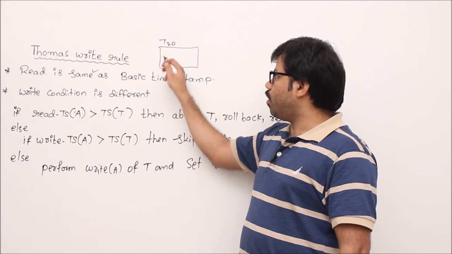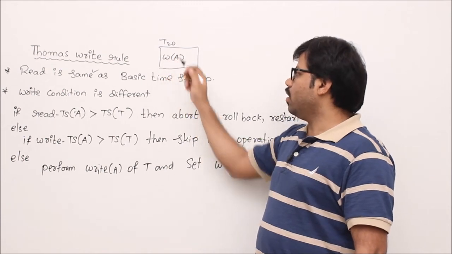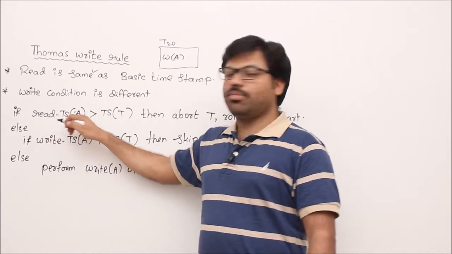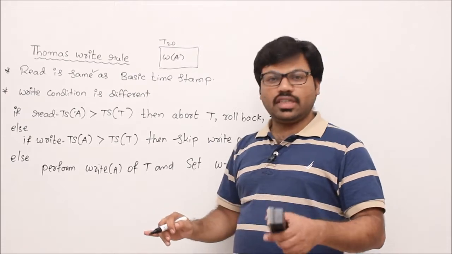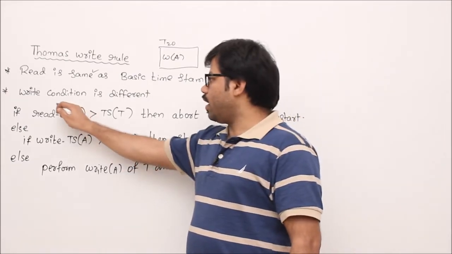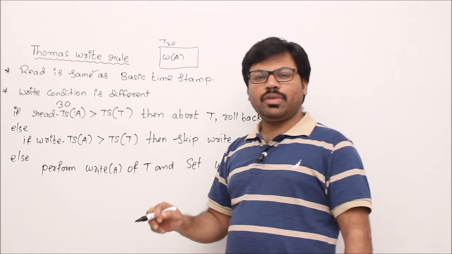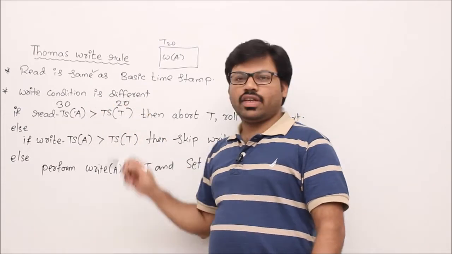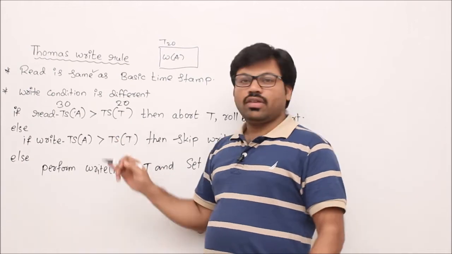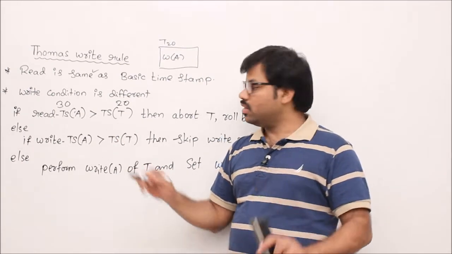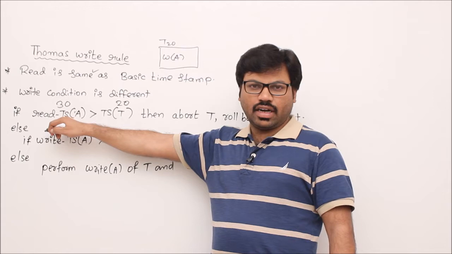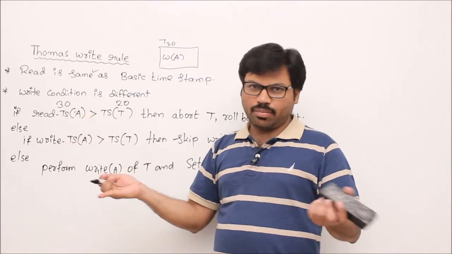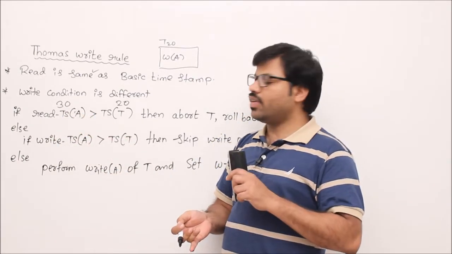It wants to perform some write operation on A. Then we compare the read timestamp of A. Currently, who is the youngest reader? If the youngest reader is 30, that means what? So I will tell you. The timestamp of T is, let's say, 20, and 30 is greater than 20. That means so far, the data you have to write should be read by 30, correct? Then only it is timestamp ordering. But what is happening here? The reverse happened.